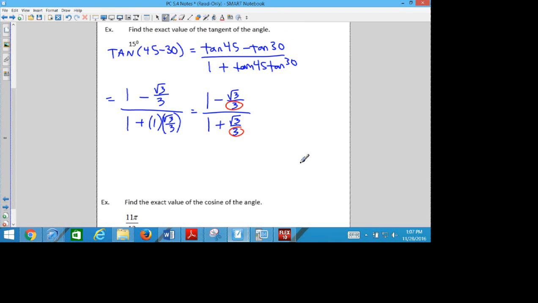And to do that, you can multiply by a value of 1 in disguise. So I multiply the top and the bottom by 3. That will cancel out any denominators that have a 3. So that will give me 3 minus radical 3 over 3 plus radical 3.